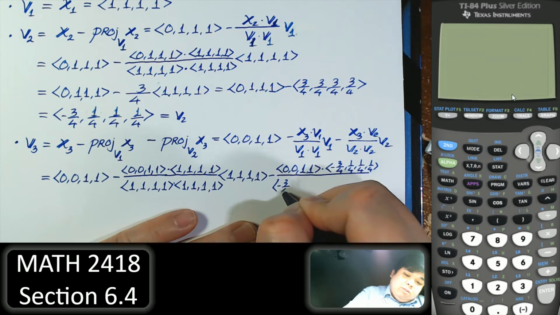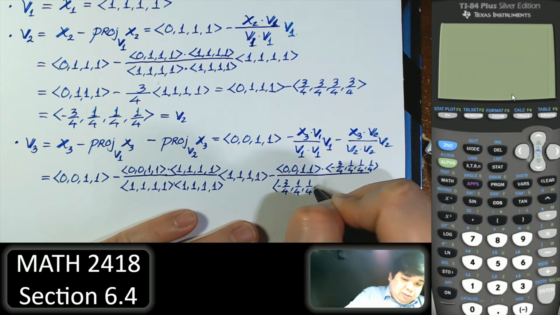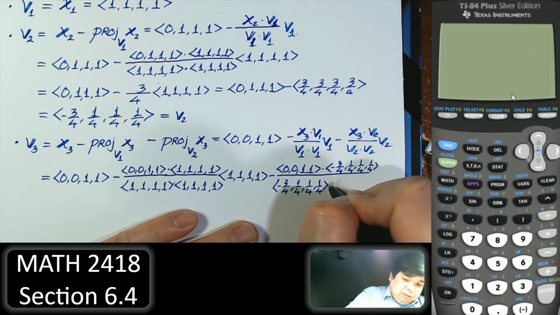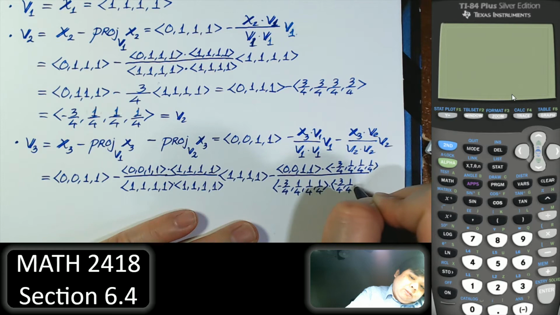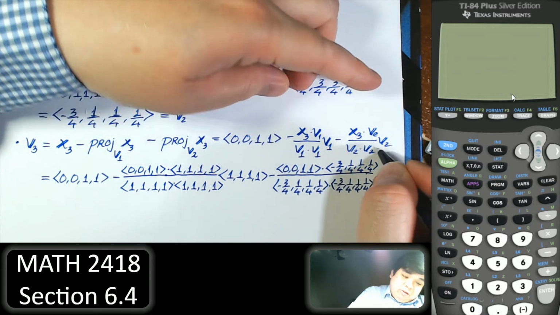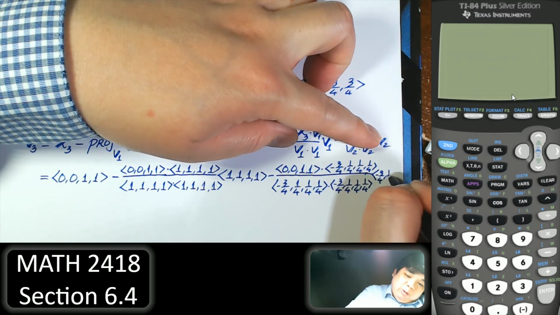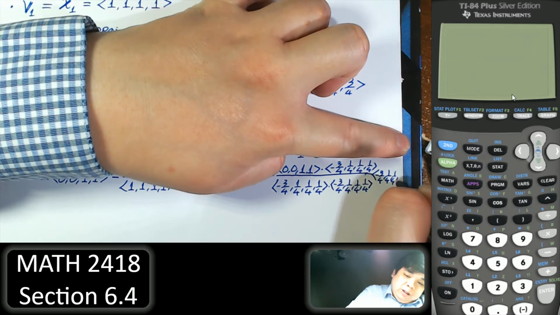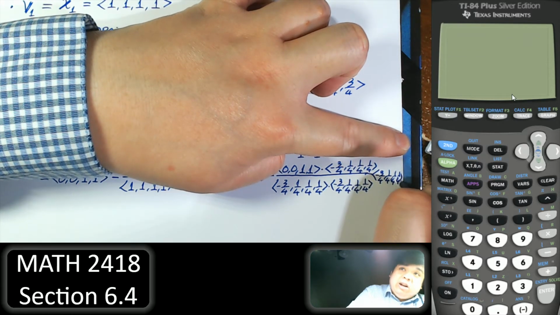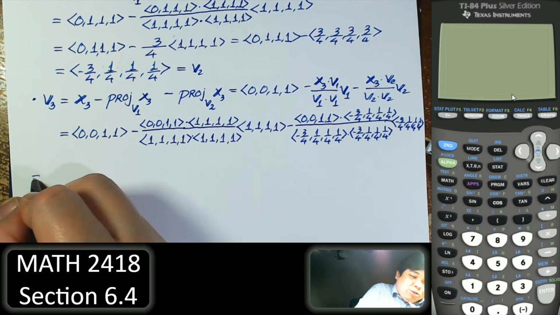As you see, it gets more and more complicated. Because we multiply by v2, negative 3/4 1/4 1/4 1/4. You see, only 3 vectors and we run out of space already, so try to write small.